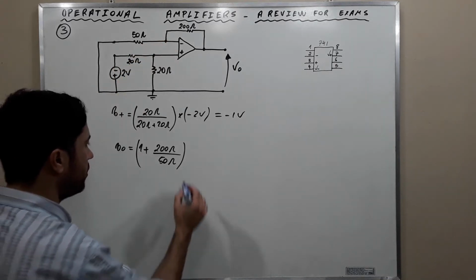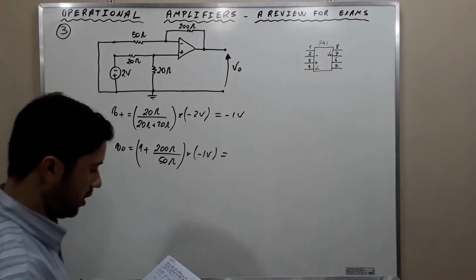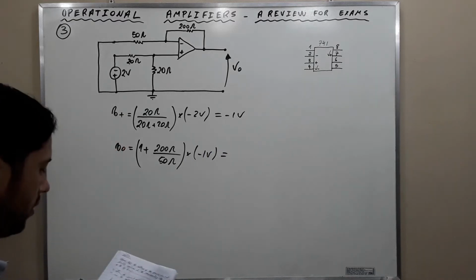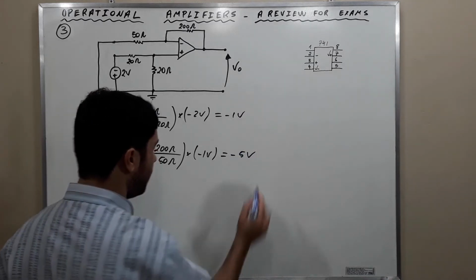We calculated it and we found negative 1 volts. And calculating, we find ultimately that VO is negative 5 volts.